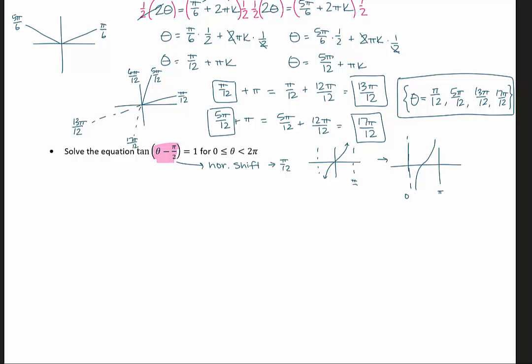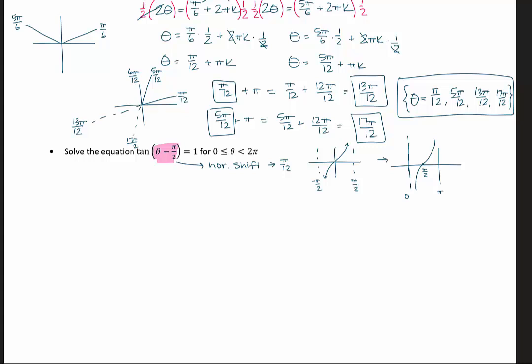So where we used to have asymptotes at pi over 2 and negative pi over 2, now they're at 0 and pi. And so what our answers used to be are now being shifted to the right pi over 2. So our values will change.